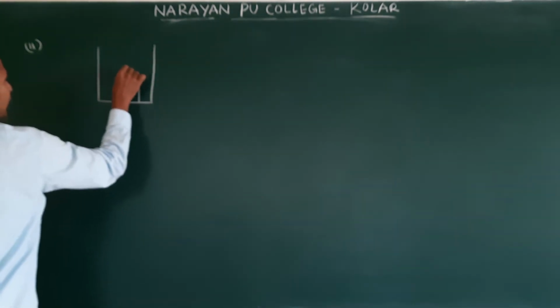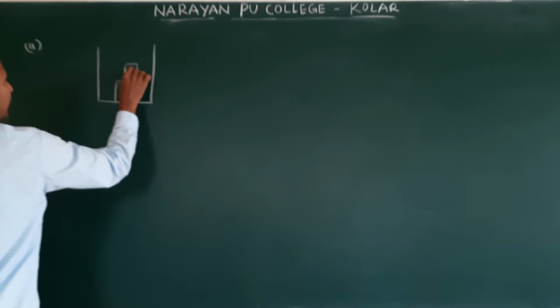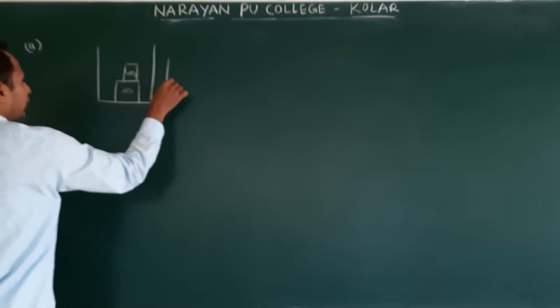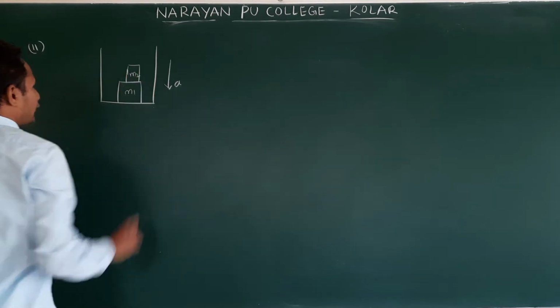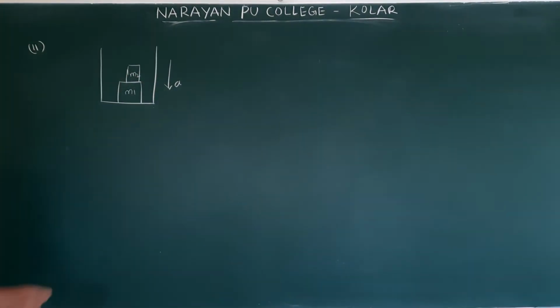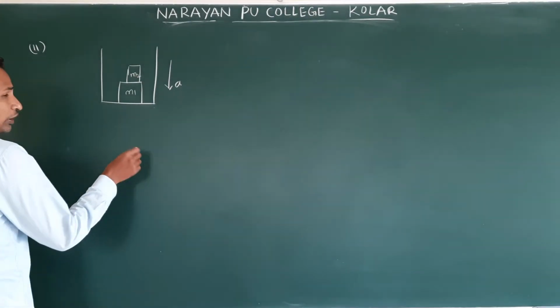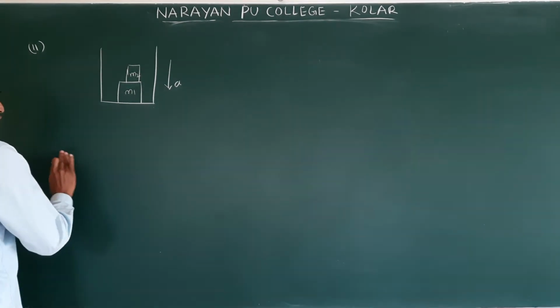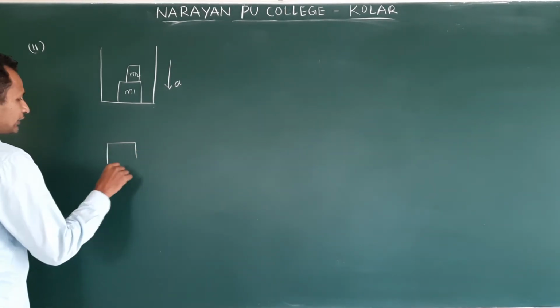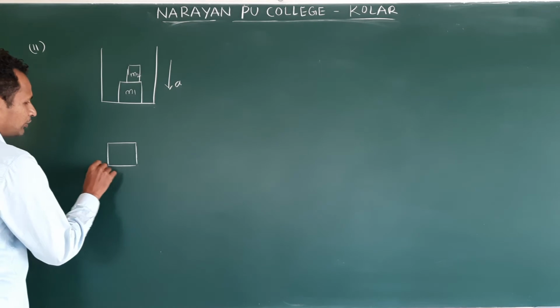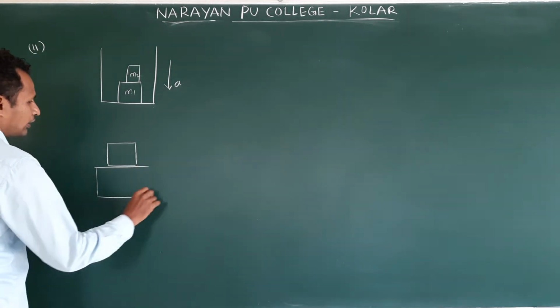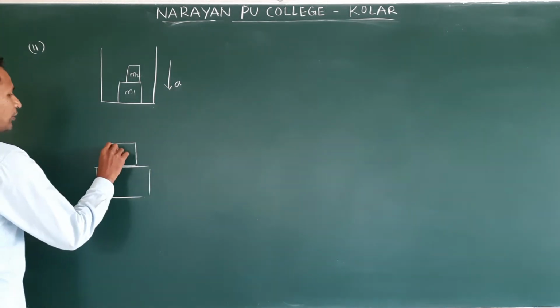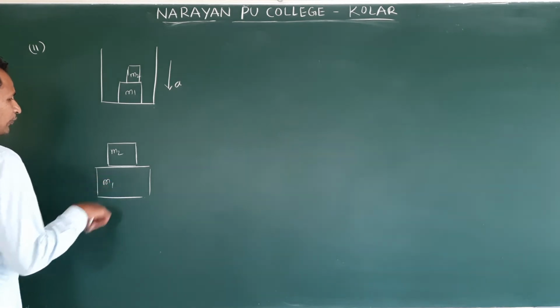Above this, another object of mass M2 is placed. It is going down. Actually, these two are in the lift. Now, try to draw the forces acting on the first object and second object. This is M2 and this is M1.